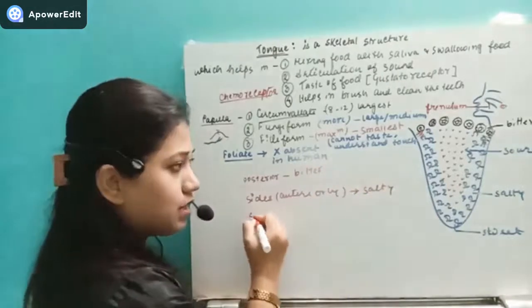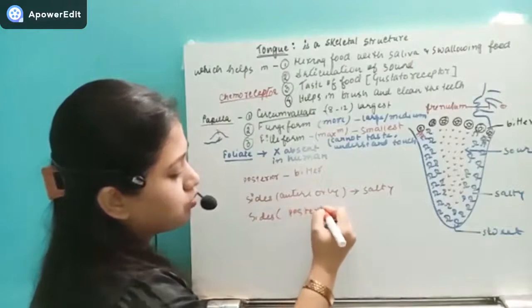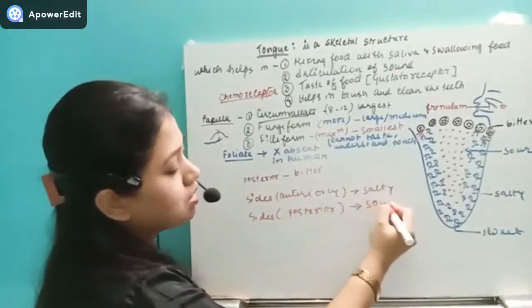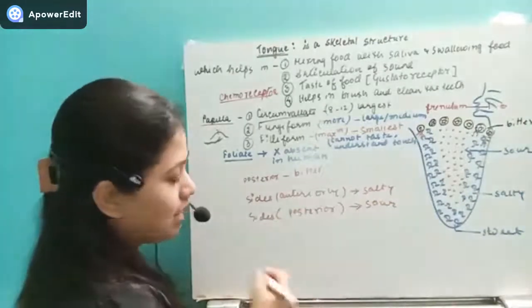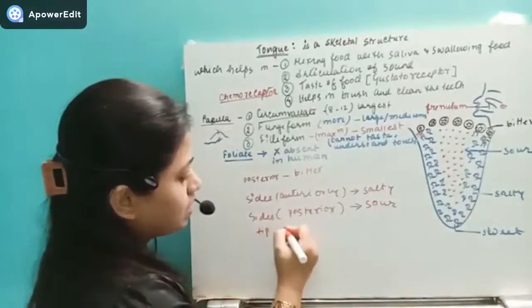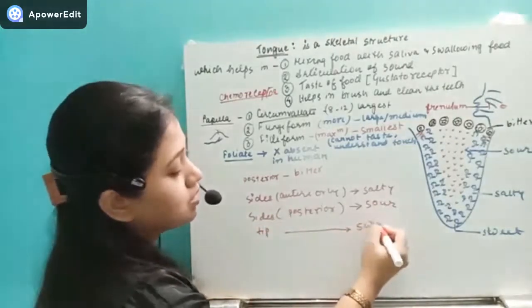Then the same sides but towards the posterior region, we can taste the sour taste, and after that we have the tip. In the tip region we can taste the sweet taste.